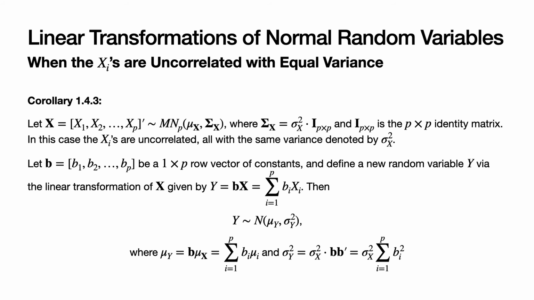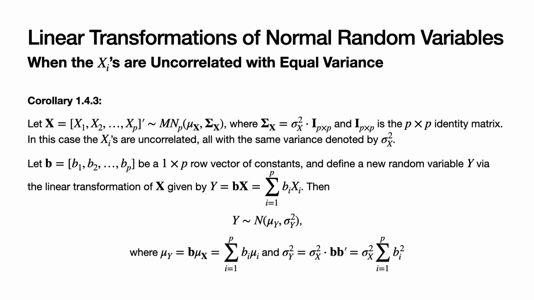Then the random variable y has a univariate normal distribution with mean denoted by mu sub y, variance denoted by sigma squared sub y, where the mean of y is equal to that same linear transformation applied to the mean vector of x, and so it's equal to the sum i going from 1 to p of b sub i times mu sub i, and the variance of y is equal to sigma squared times b prime b.